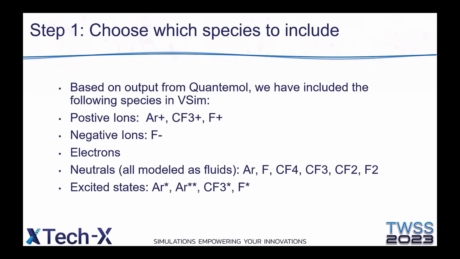And then these are the neutrals I've included: argon, fluorine, CF4, CF3, CF2, F2, and then these are the excited states I've included. I think most people will recognize that this is getting complex now for a PIC code. This is exciting work going forward, being able to even know what to include. And then VSim has the capability to just put them in and include these reactions.